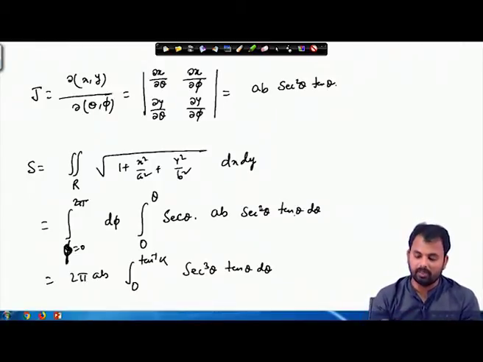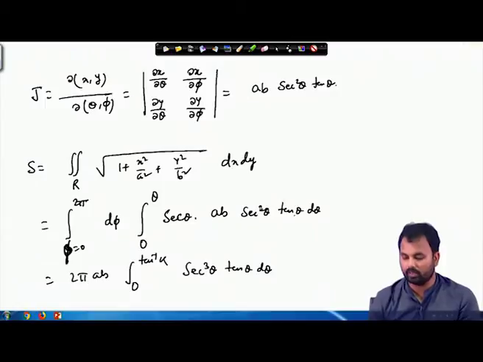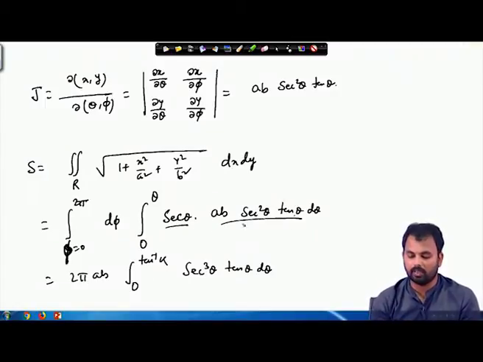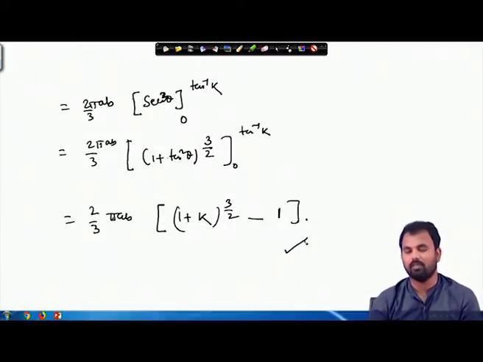So when we change the variables, we basically get our variables change and then the Jacobian. So this is our Jacobian, which I have substituted here. That's the integrand, and then we have d theta d phi, where phi limit is 0 to 2 pi and theta limit is 0 to tan inverse k. And then we have done some simple calculation which you can do on your own time.